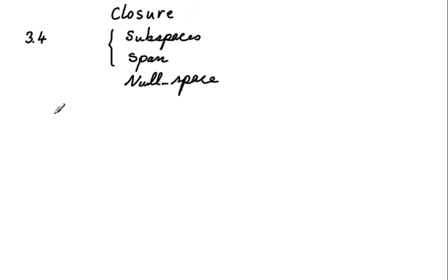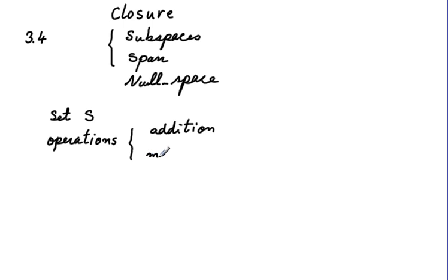So we have a set S and we have two operations. One is addition, and typically we have some sort of a multiplication as well. We could have other operations actually.